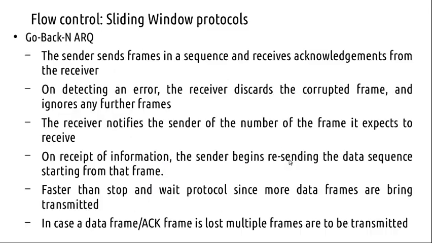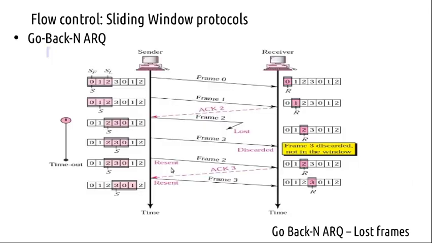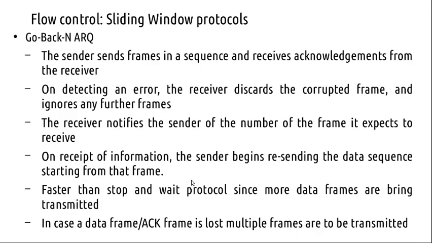So it will discard frame 3, and it will inform the sender. Informing the sender is not indicated here, so it already knows that it has got an acknowledgement up to 2. That is understood. So the sender will resend the entire data sequence starting from that frame.